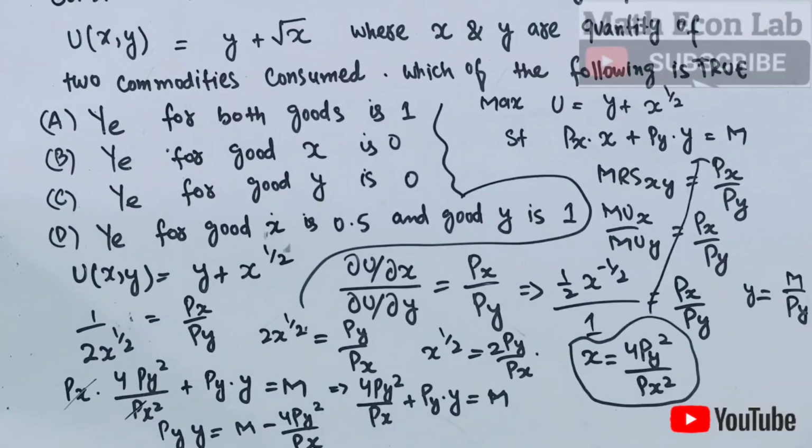Okay, so this is the demand function for good y. This denotes the demand function for good x.